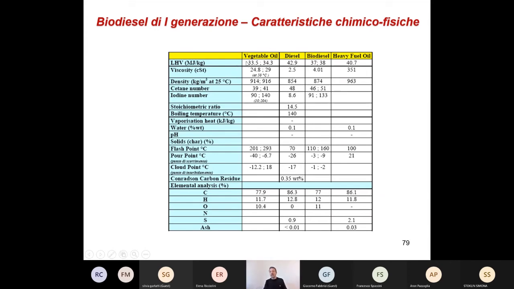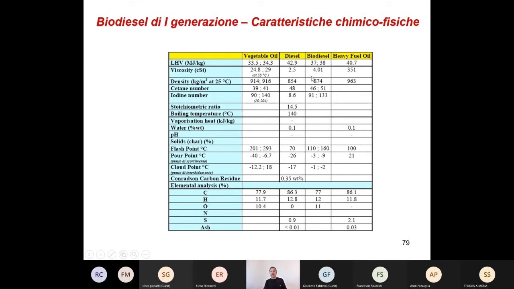You have a lot of other information, but the second main element is the viscosity. As I said, for example, at 50 degrees, the viscosity of vegetable oil is approximately 25-30 centistokes, which is the unit we use for viscosity. And you can see that diesel is very much lower. Diesel is 2.5.